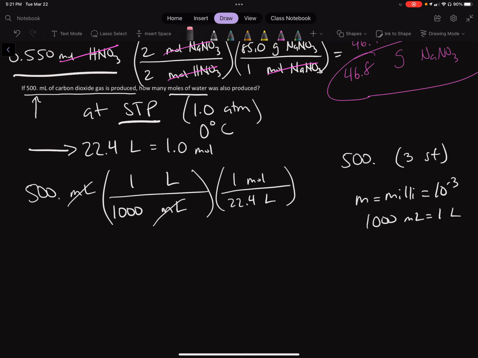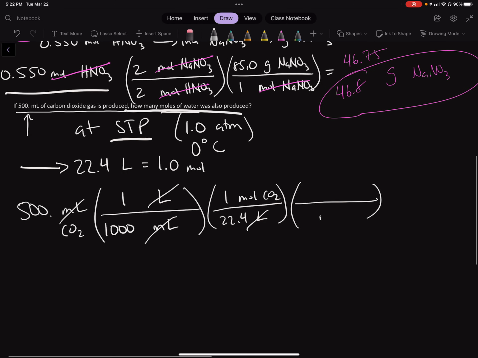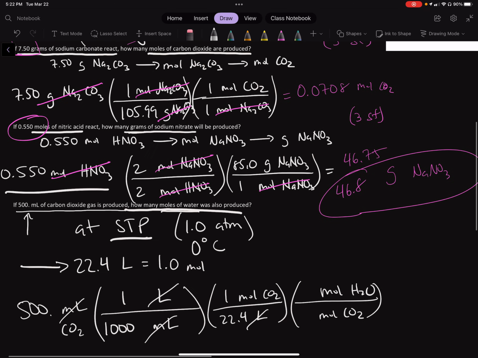And I'm going to have to erase this to make room as we keep going. And this is for CO2. I didn't really write that in, but we have moles of CO2 in terms of our units now because liters has canceled. The last bit, we need to convert to moles of water. So we want to use our mole to mole ratio because if we want to go from moles of CO2 to moles of water, you're always using the mole to mole ratio from the balanced chemical equation.